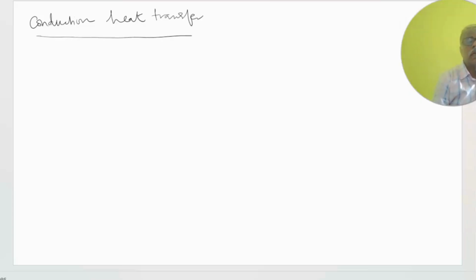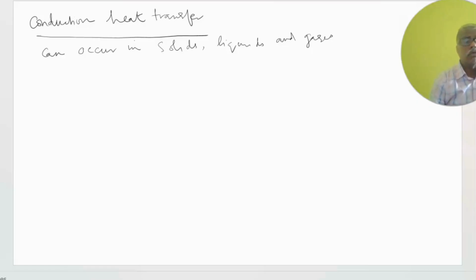So conduction can occur in solids, liquids, and gases. So how can we define this?